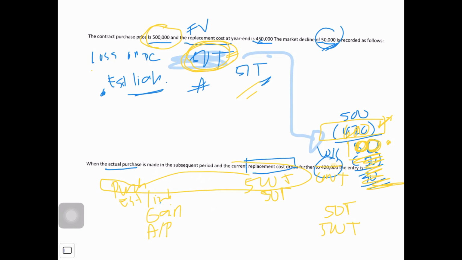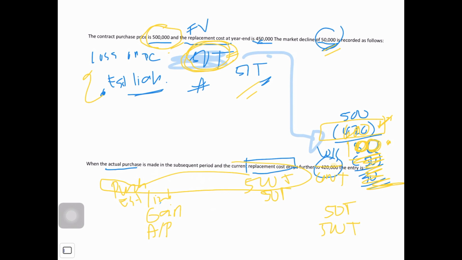And we record a loss when the value decreases because it is the same as the allowance method, right? If it decreases, we record a loss on allowance, an inventory write-off. We look also at the decrease in value.